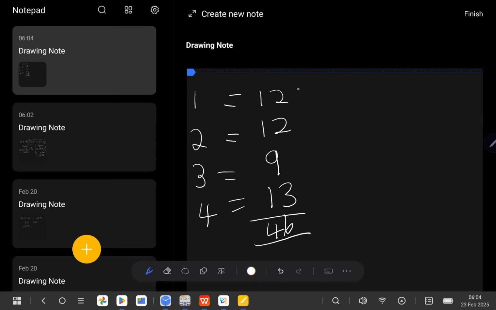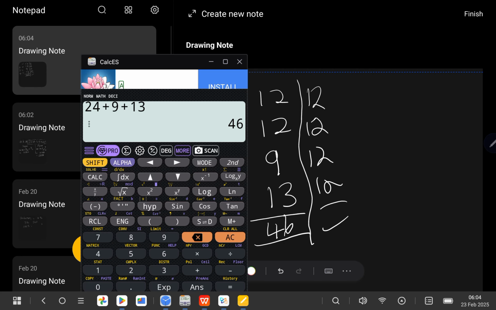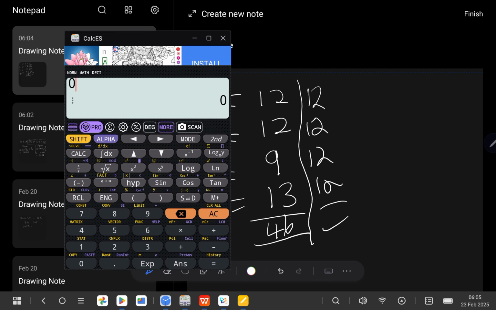But we need to check how many payments we were actually supposed to make for them. So we're supposed to make 12, 12, 12, and 12. And then if you say 12 times 4, it will tell you how much accurately you were supposed to pay them. 12 multiplied by 4 gives us 48.